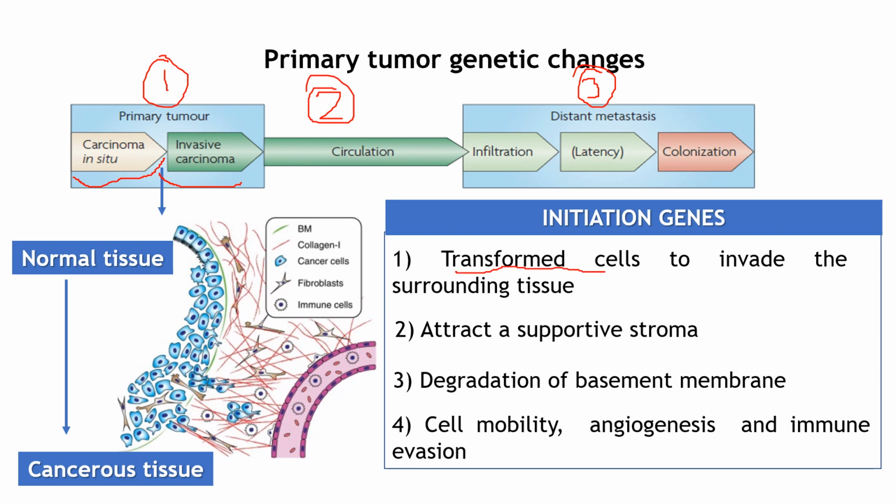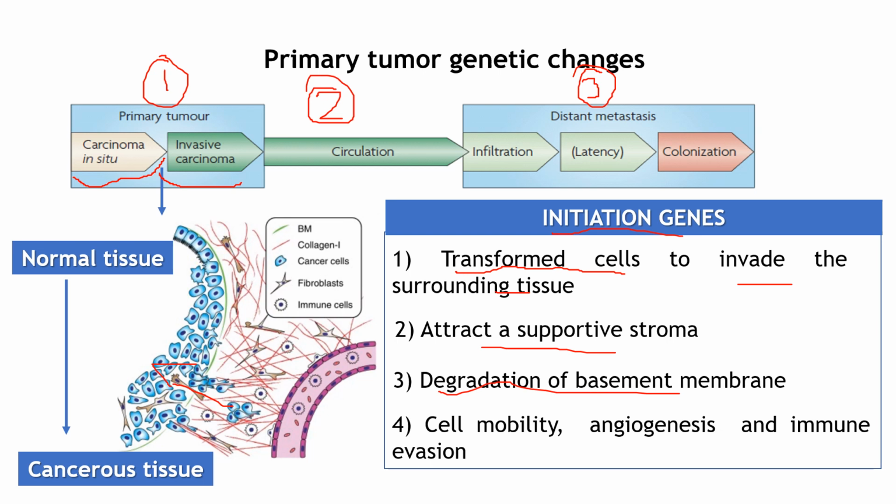Here we have that the cells have to transform. There is no virus here, but the cells suffer a transformation, and they decide to invade the surrounding tissue. These initiation genes should not only transform a cell, but also attract a supportive stroma. The stroma right now is located here, and there should be a degradation of the basement membrane.